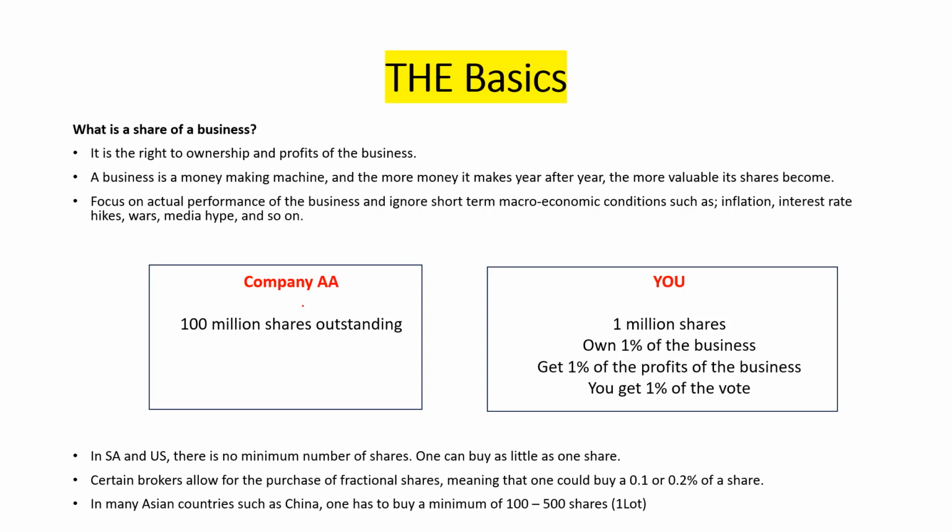So the important thing as investors is to focus on the business itself. Is it making more money year after year? If so, then the value of your shares will be worth more money over time. That is as basic as it gets.